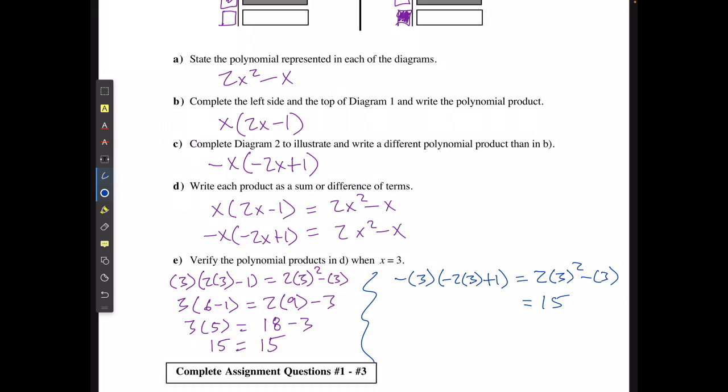We already proved that. So here negative of 3 is just negative 3. And negative 2 times 3 is going to give me negative 6 plus 1, which means that negative 3 times negative 5 would have to equal 15, and negative 3 and negative 5 do have a product of 15. And I can prove that either scenario is going to work.